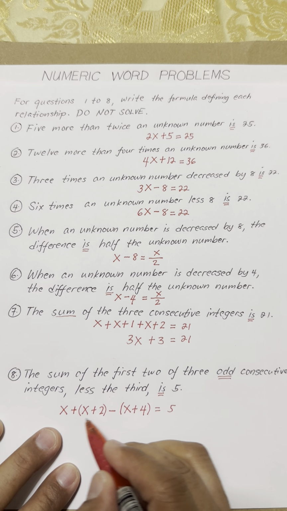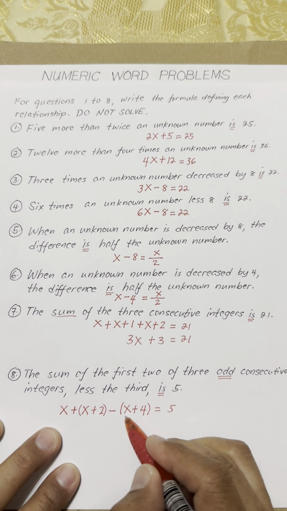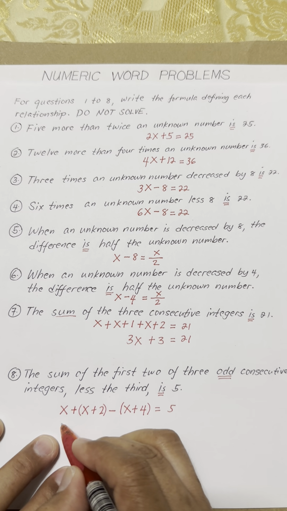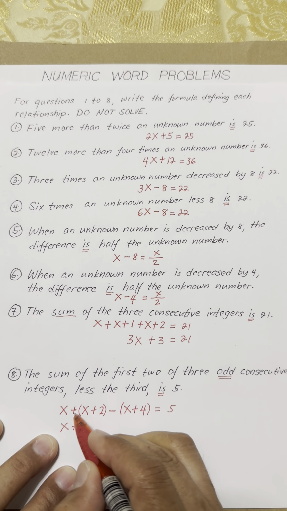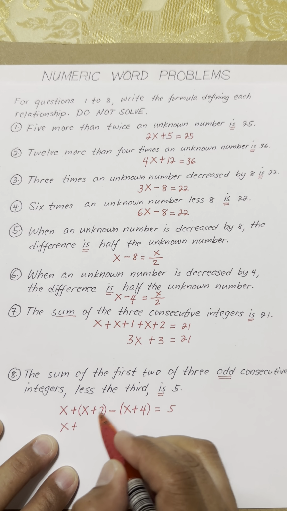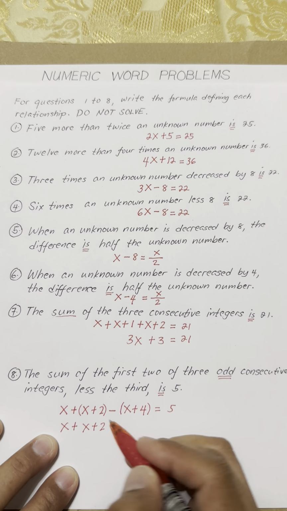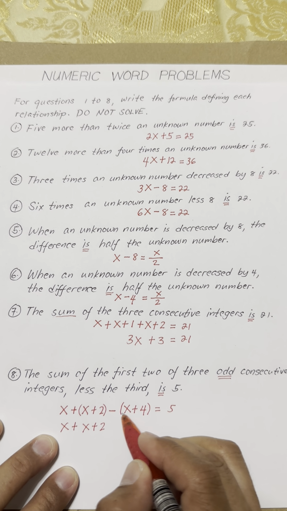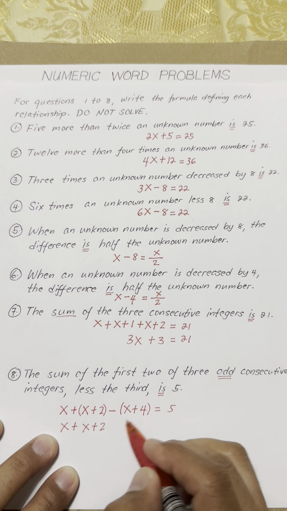First odd integer, second, this one is the second consecutive odd integer, this is the third consecutive odd integer. So removing the signs of grouping, this can be your answer, but we can simplify this. This is preceded by positive, so when you remove the signs of grouping, there's no need to change the sign of its terms inside the parentheses. But this one, since it is preceded by negative, change the sign of its terms inside the parentheses.